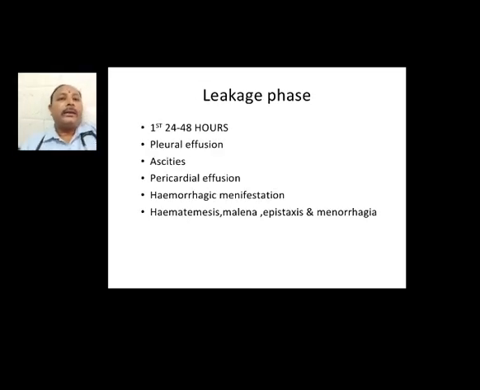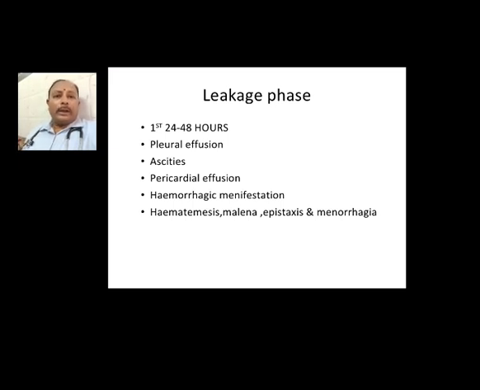Leakage phase, first 24 to 48 hours, in which there are pleural effusion, ascites, pericardial effusion, hemorrhagic manifestations, hematemesis, melena, epistaxis and menorrhagia.